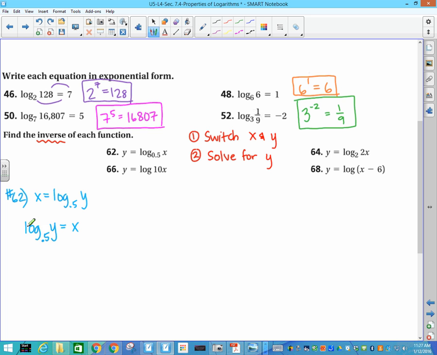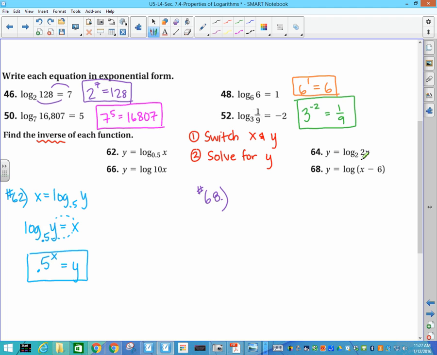And to get rid of that log, that's why we need that exponential function. So I have to use my definition, so it's going to say 0.5 to the x equals y. So I switched the x and the y, and then I solved it for y. So I'm good. All right, how about, I'm going to do 68, because I know you have one like that for homework.